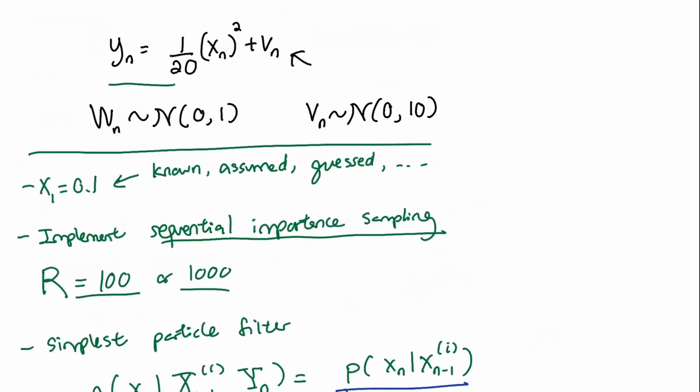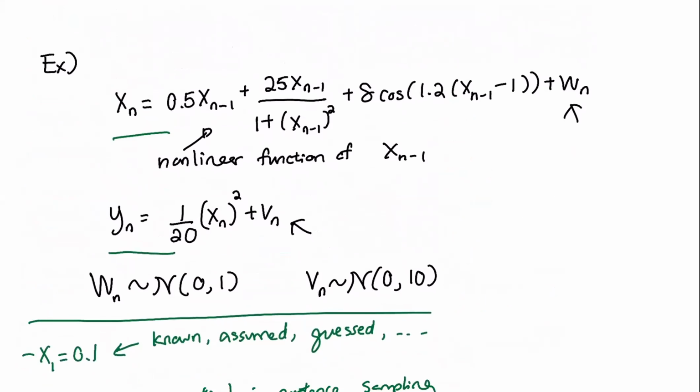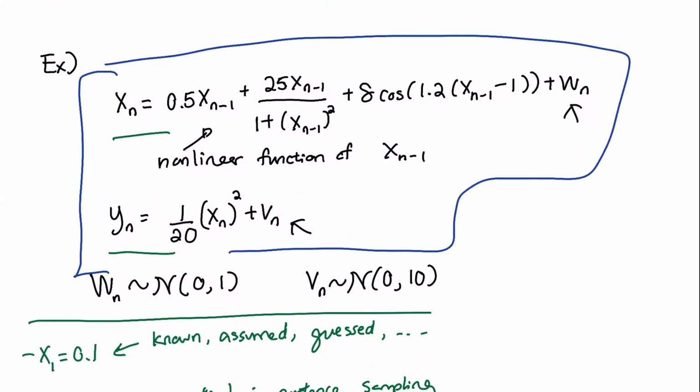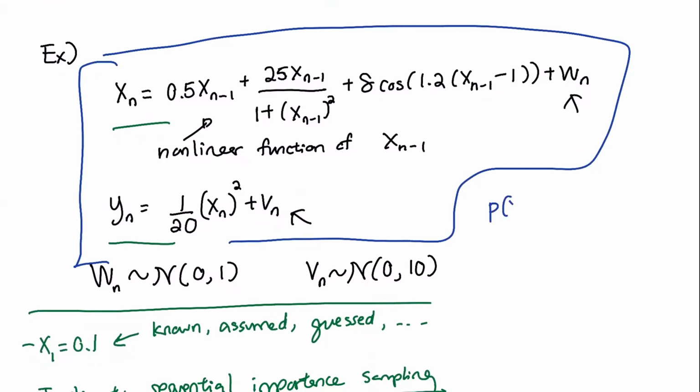So if this is my state space model, then what is the probability of xn given xn minus 1?